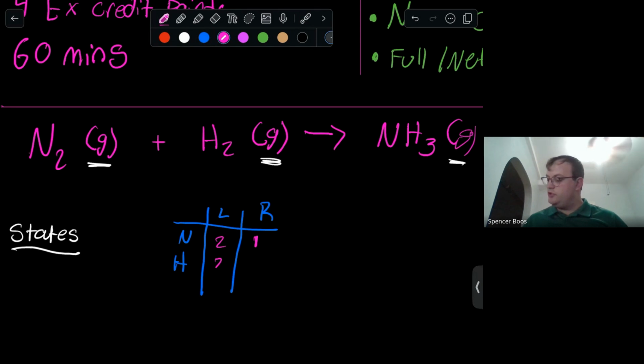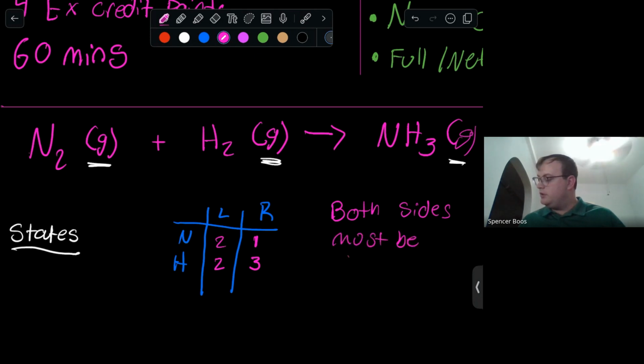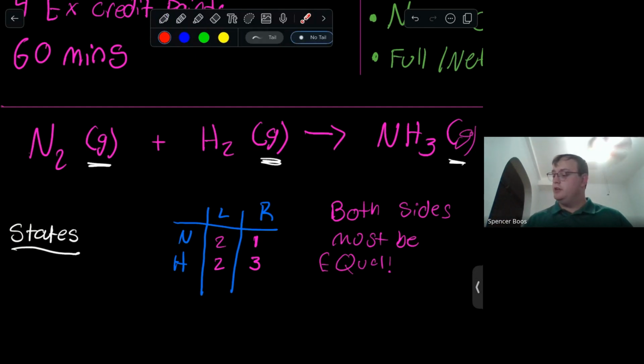I've got 2 on the left, but 3 on the right. In order for this to be considered balanced, both sides need to be equal. So here, if I look, both sides are not balanced.